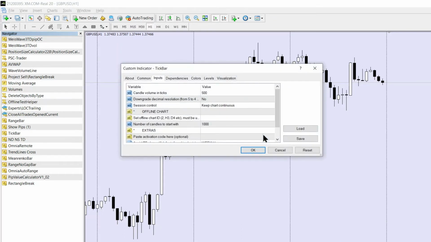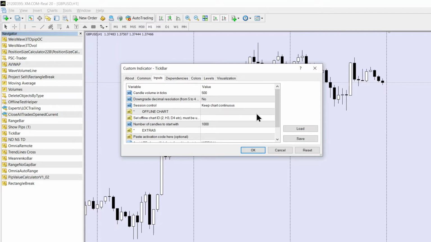Basically what this indicator will do, independent of what time frame we are in, is go to the lowest time frame, which is the 1 minute, collect the ticks and start creating a new chart depending on the ticks you set, and it's going to create an offline chart.